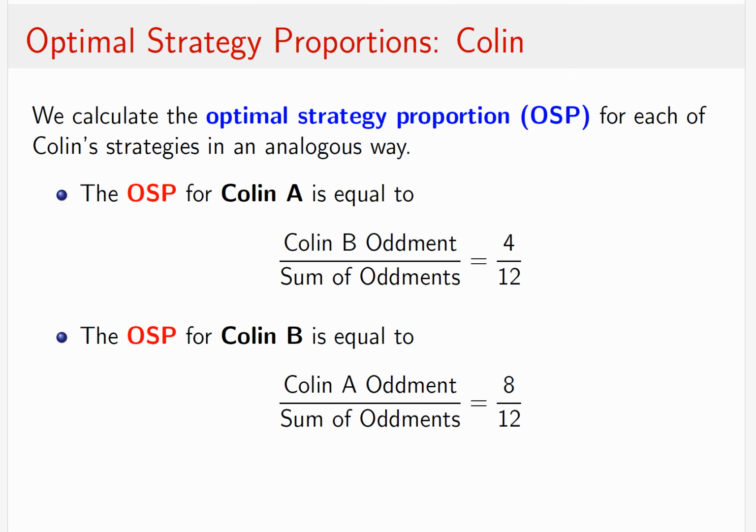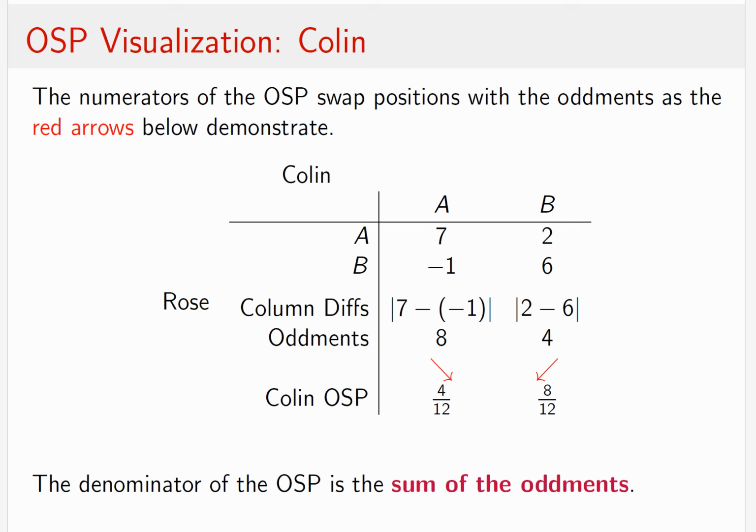And the same thing's going to happen for Colin, right? So for Colin A, it's his B oddment, and the numerator for Colin B proportion is the Colin A oddment, okay? And again, the same graphic will work. We can show it right below the game, and the 8 and the 4 swap.